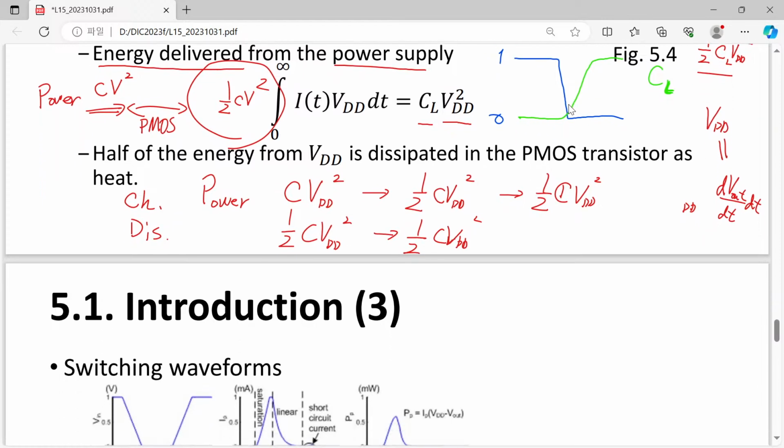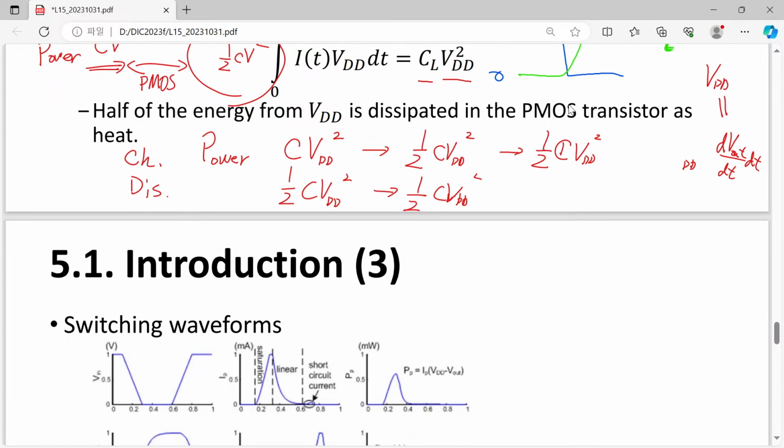So always we must consume energy. This is really unavoidable. However, we want to minimize the amount of power consumed by our electronic system. That's the reason why we are always quite hungry for low power systems.